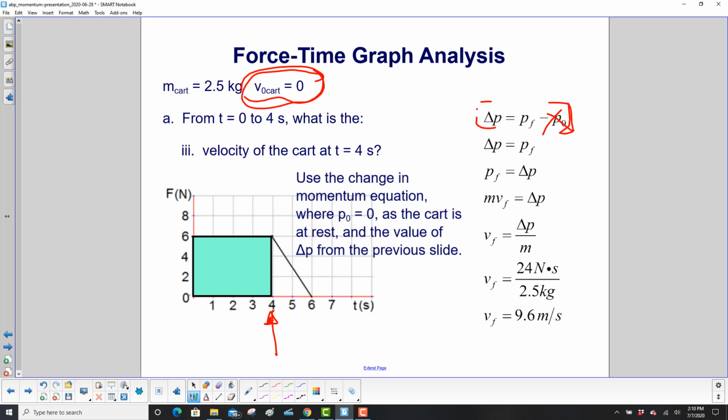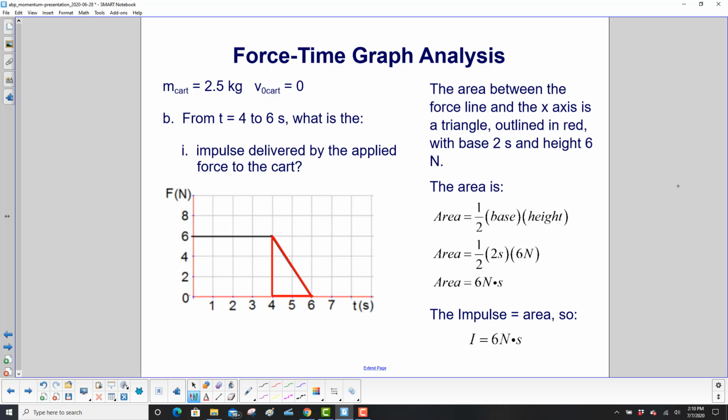Cancel that right out. So the change in momentum is the final momentum. Switch the equation around. So we have PF is delta P. And what is momentum? Well, it's mvf, right? We're interested in our final velocity, so mvf is delta P. Divide both sides by m. And then finally put the numbers in, and we get a final velocity of 9.6 meters per second.